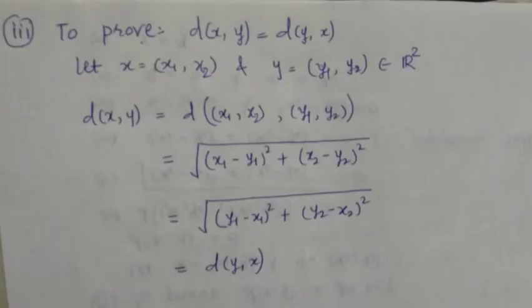Third property is to prove dxy is equal to dyx, the symmetric property. So for that, let x is equal to (x1, x2) and y is equal to (y1, y2) in R2. First let dxy, putting x and y, that is (x1, x2) and (y1, y2).